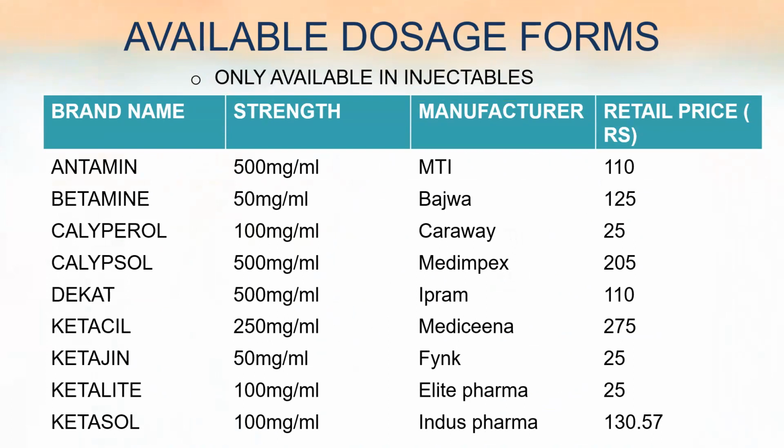If we look at the retail price, the highest price is of the Catacil, that is 275 rupees, and the lowest price is of the Catalite, Catagen, and the Caliperol, that is 25 rupees.